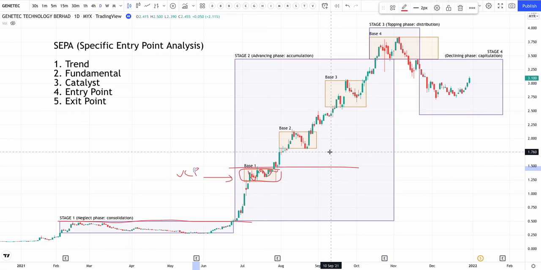Next is the exit point. So how does he determine his exit point? This is one of the techniques that is simple to understand.